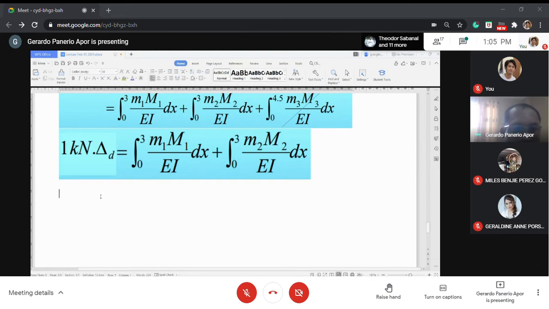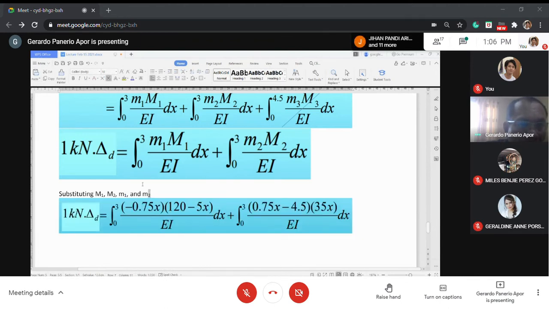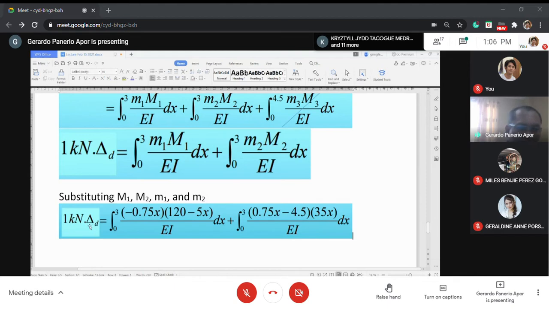Substituting M1 and m1 into our equation, we have 1 times delta D. I removed the kilonewton before because I don't want to use units here.